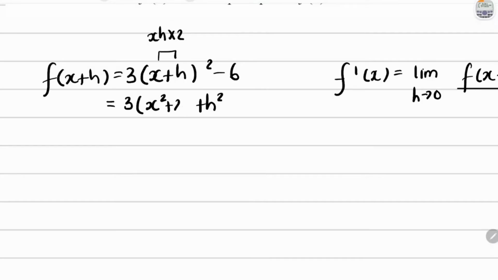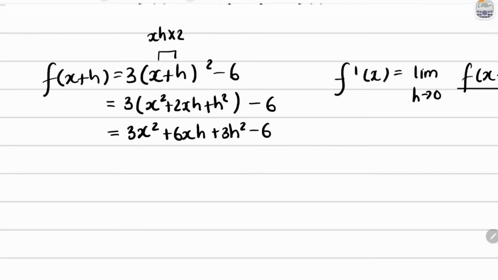So that gives you positive 2xh. Okay, and then we still have our h squared, then minus 6, and now we can distribute the 3 into the bracket. So we're going to have 3x squared plus 6xh plus 3h squared, and then minus 6.